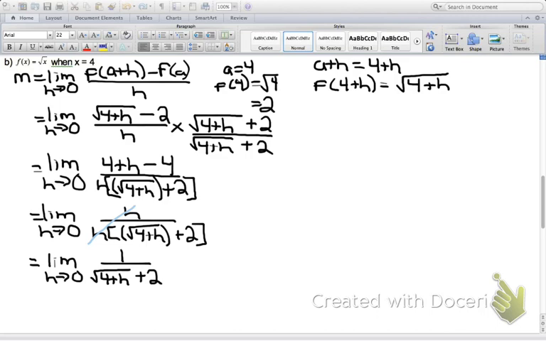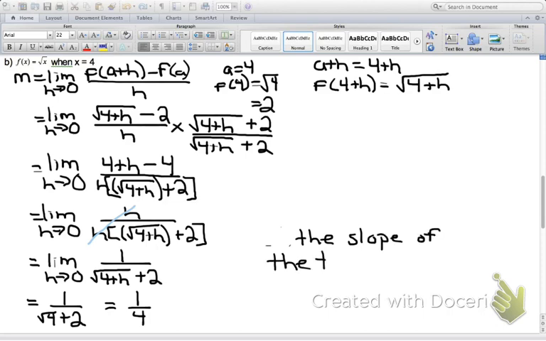Now, when we solve this by subbing in 0, we would be left with 1 over the square root of 4 plus 2. We all know the square root of 4 is just 2, and 2 plus 2 is 4, so therefore we're left with the slope of the tangent being 1/4. Write our therefore statement: so therefore the slope of the tangent is 1/4.